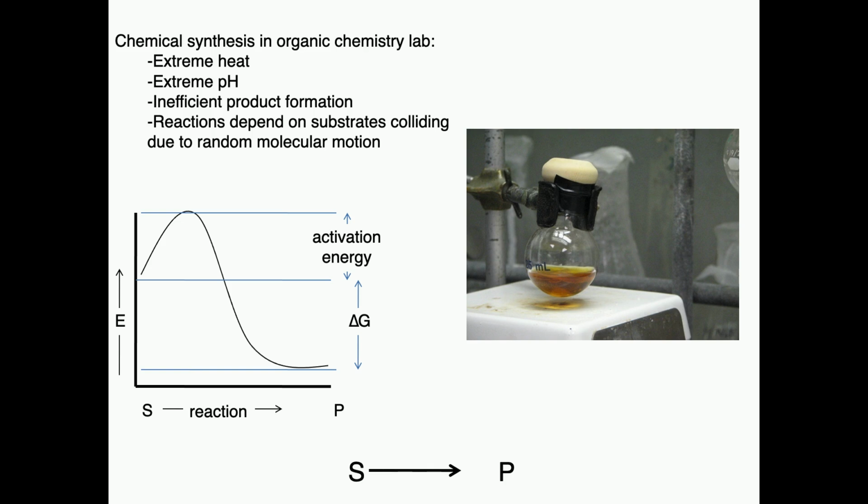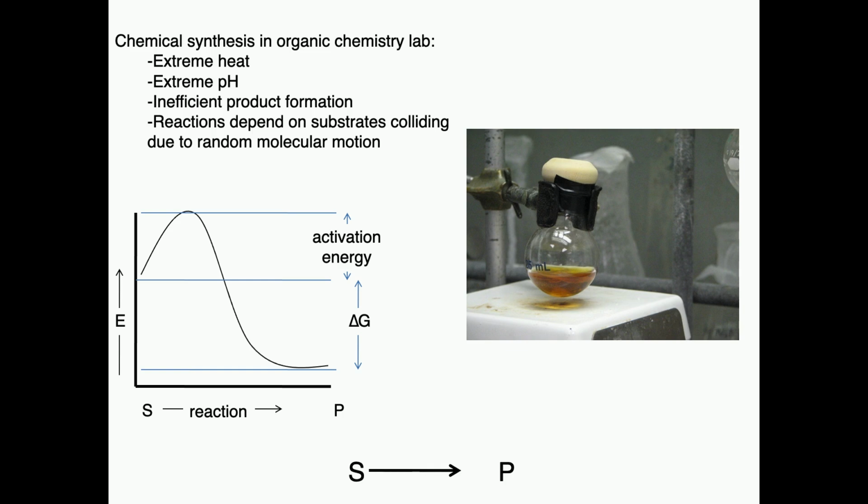Okay, and the activation energy for these reactions is overcome just by random collision of molecules within that test tube, right? And if they collide with the right velocity at the right angle, then you're going to get a reaction that happens.